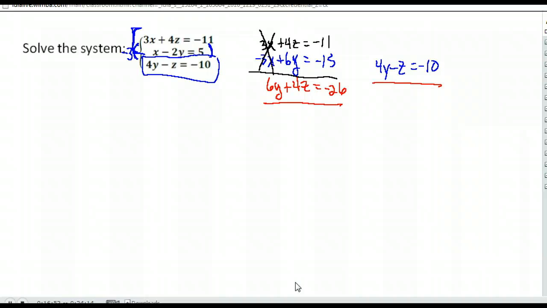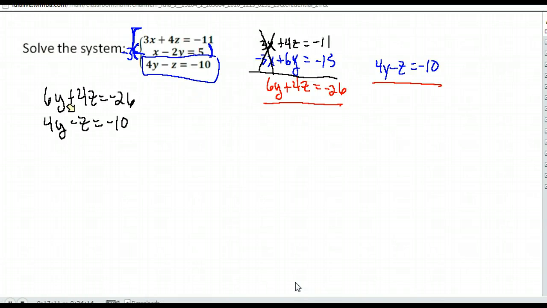Now I have two equations with just y and z in them, and I can use that to solve. Okay, so I have 6y plus 4z equals negative 26, and 4y minus z equals negative 10. I want to eliminate a variable.